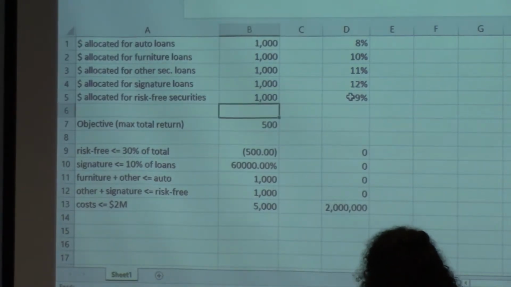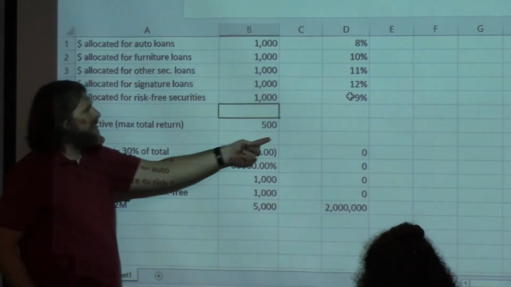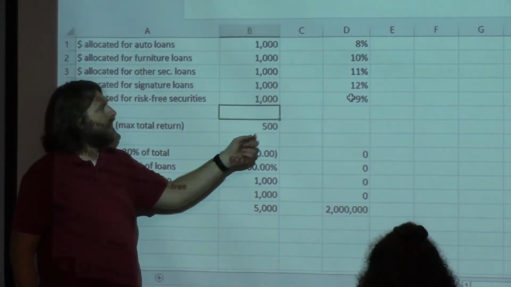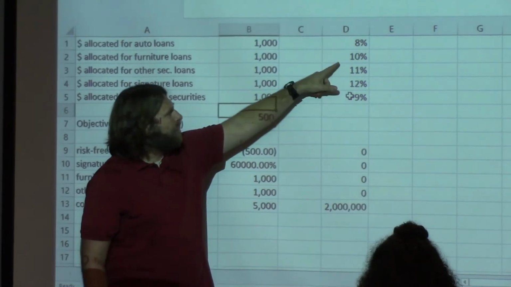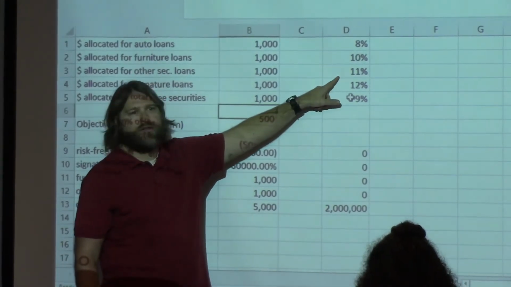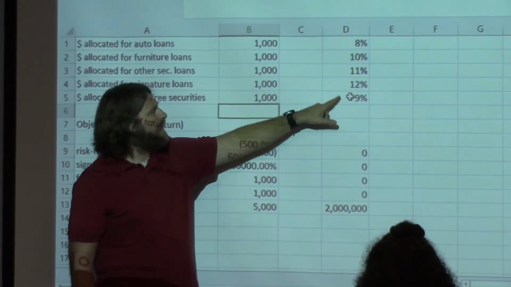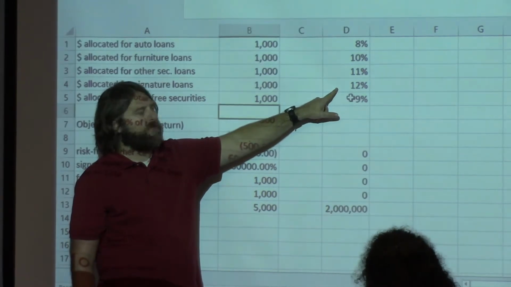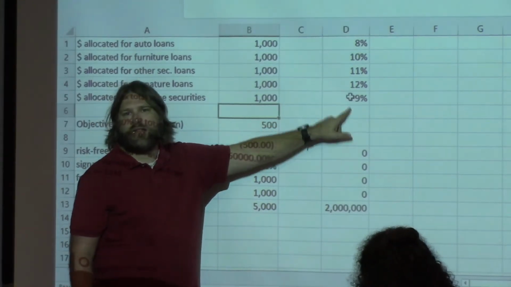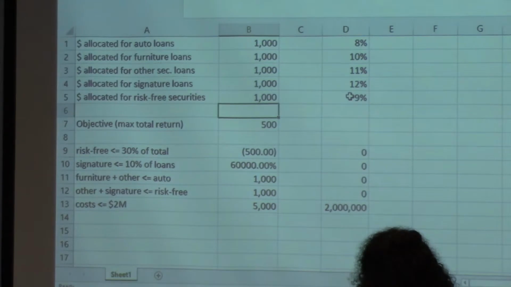Every time I added $1,000 to one of these, this value updated right here. And this should be right. This is 80 plus 100 is 180, plus 110 is 290, plus 120 is 410, plus 90 is 500. So that adds up the way we expect.